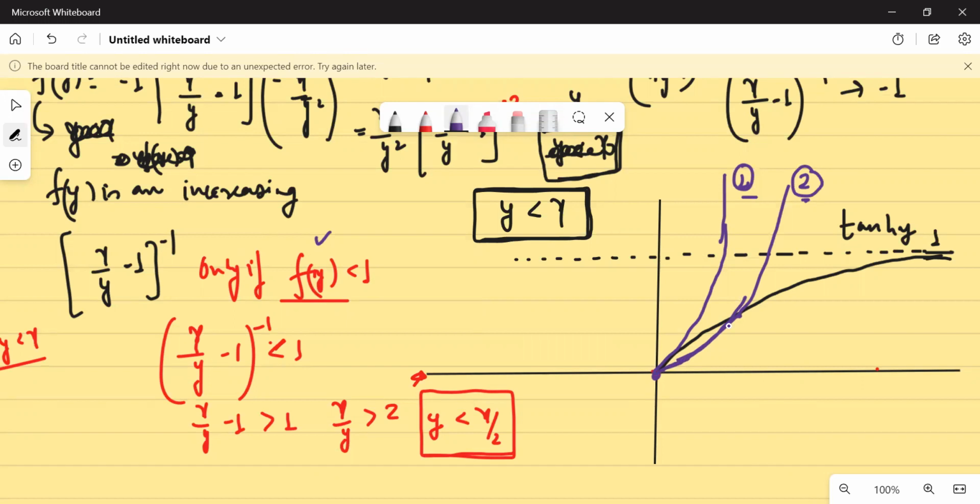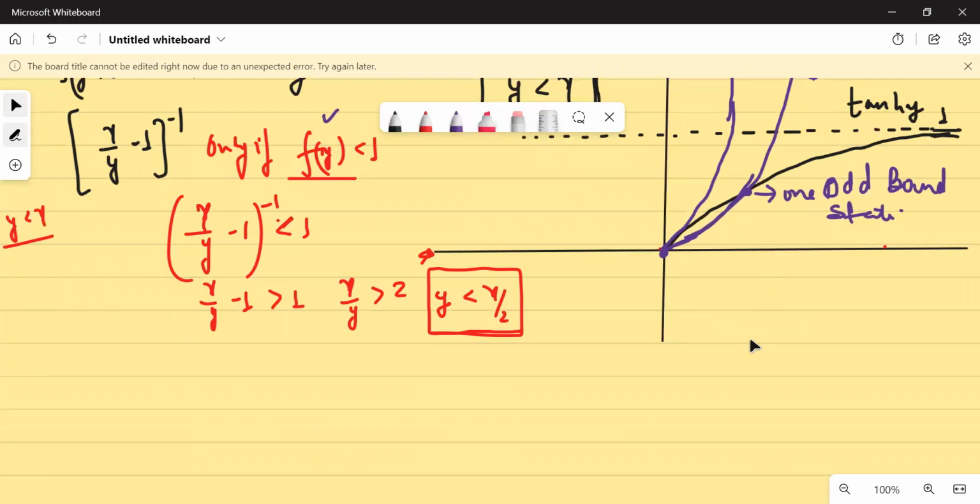Okay. So if this is the case, then there will be no solution. And if this is the case, then there will be one solution. Is that clear? Now, one odd bound state can occur if your solution number 2 is there. So what is the possibility that your solution 2 would be there?